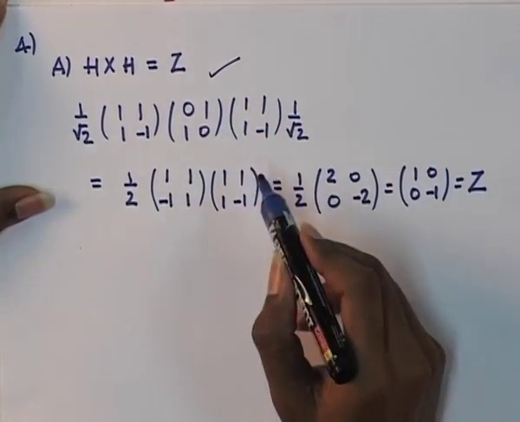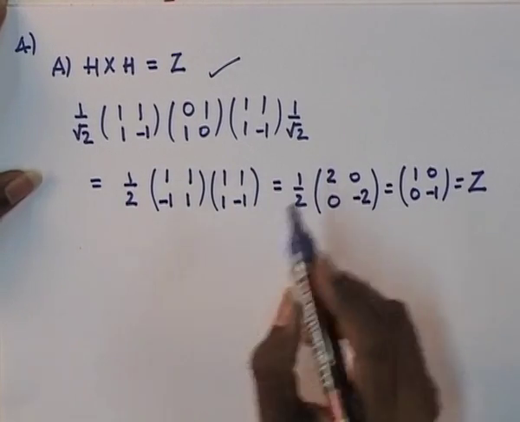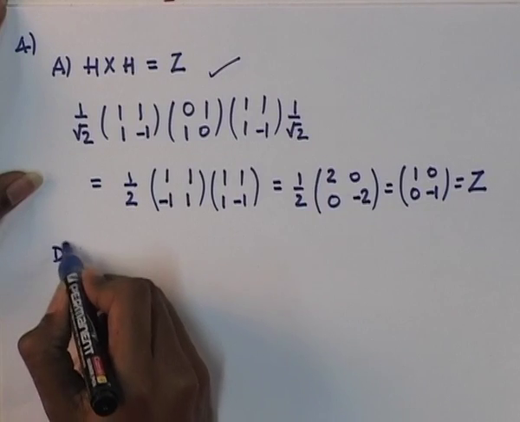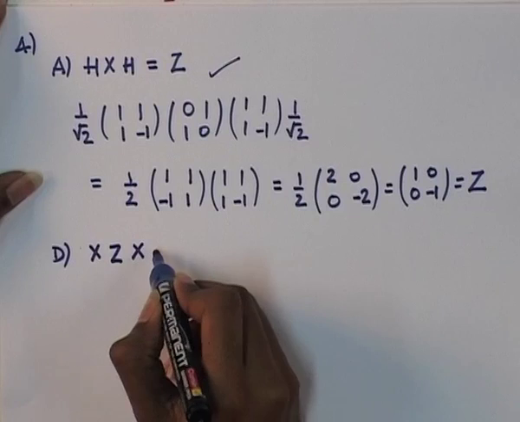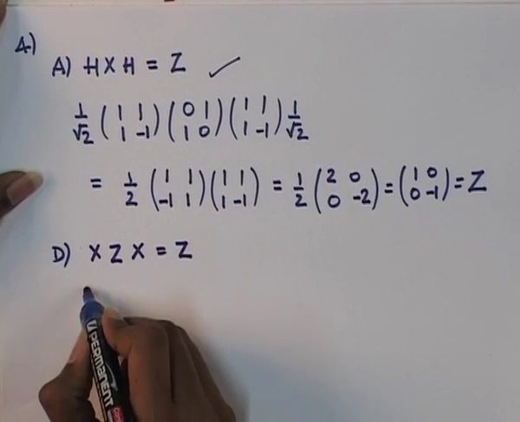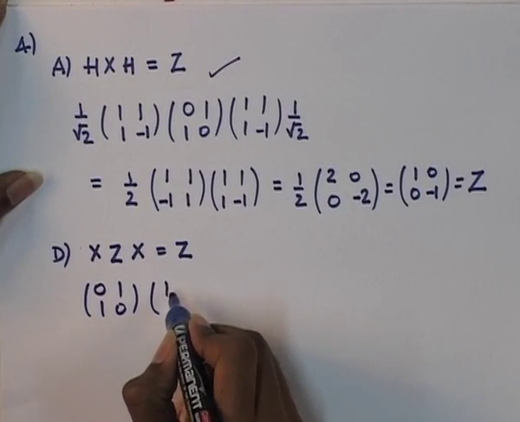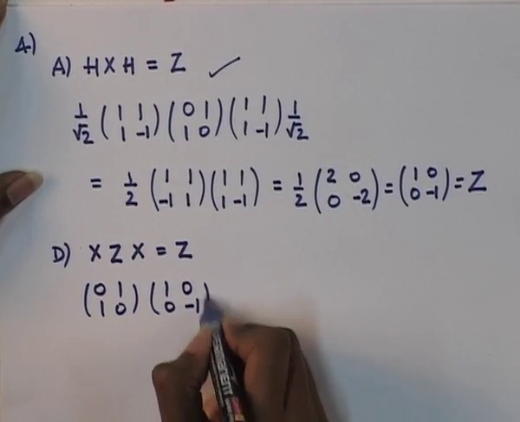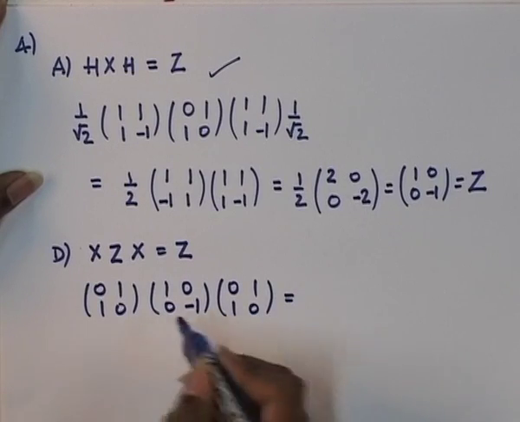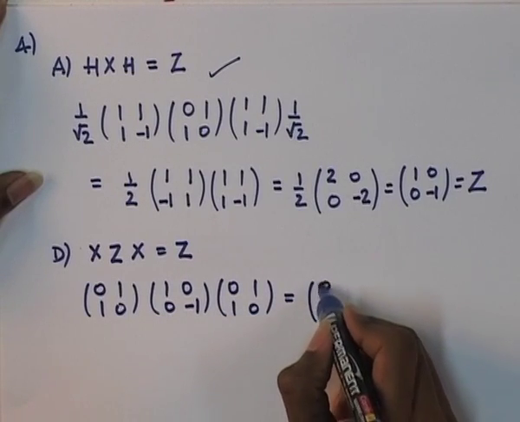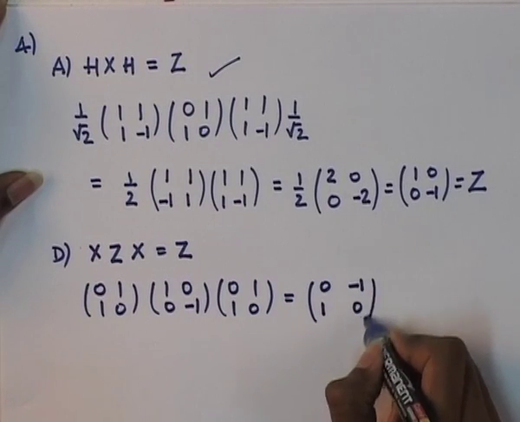Similarly, we verify each of the other options. For example, let's verify D: X Z X is equal to Z. X is [0, 1; 1, 0], and Z is [1, 0; 0, minus 1], and X is [0, 1; 1, 0]. Multiplying the first two matrices, we obtain [0, minus 1; 1, 0].